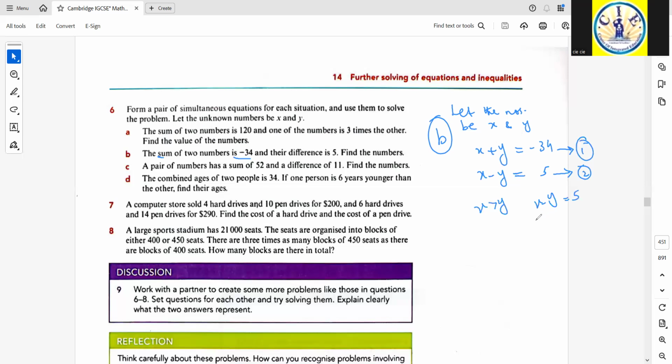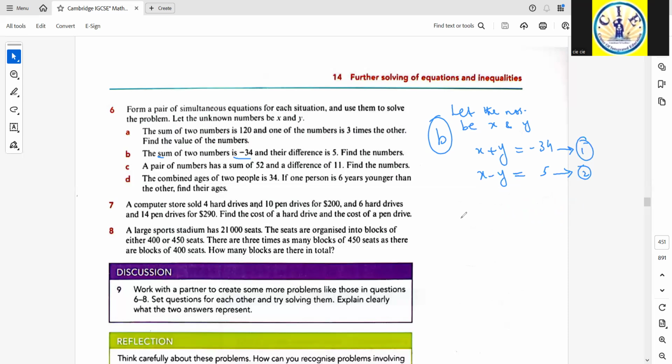We can also have y minus x is equal to 5. Since there is no information as to which of these variables, x or y, is greater, we can have the answer in both ways, as we discussed in part A. So let me solve it in this sense.